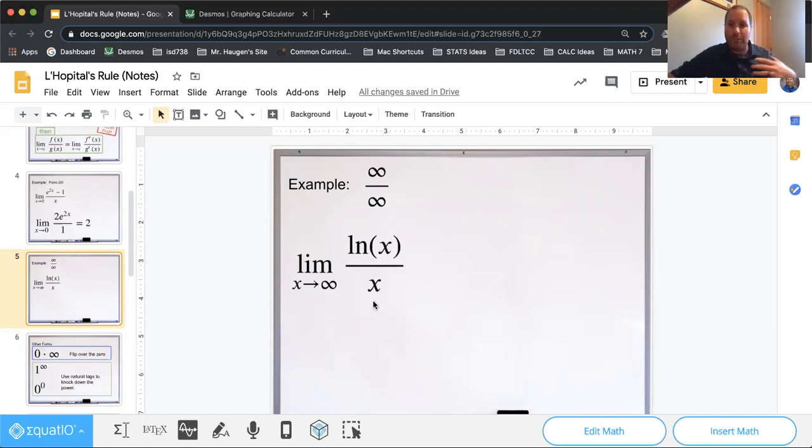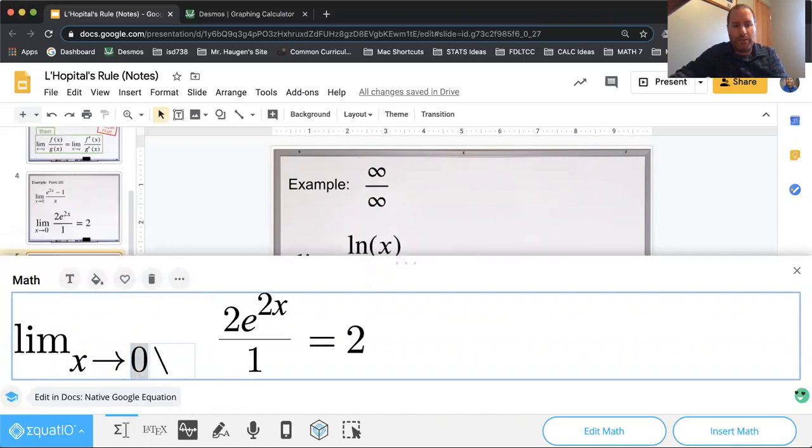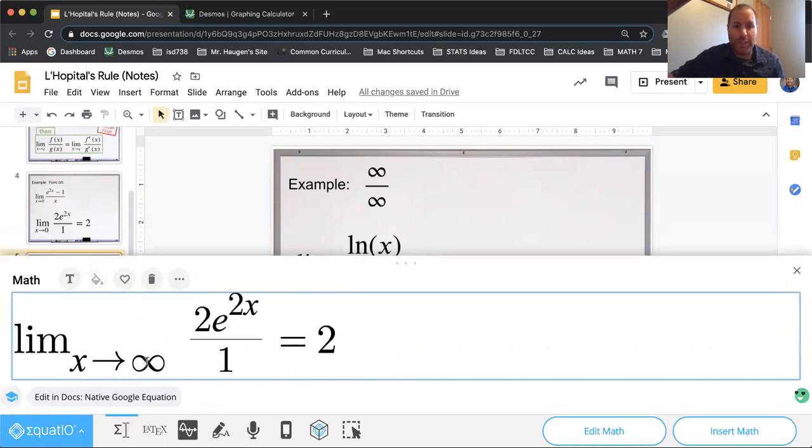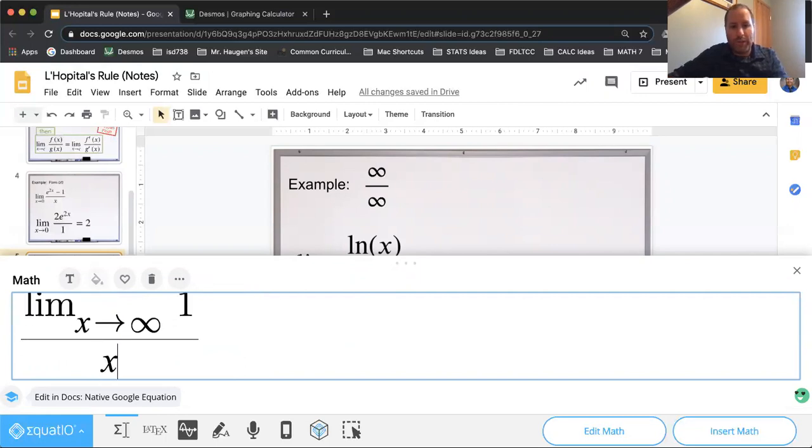So in order to evaluate that, we're still going to let x go to infinity. And then we do the derivative of the top part. The derivative of natural log of x is 1 over x, right?